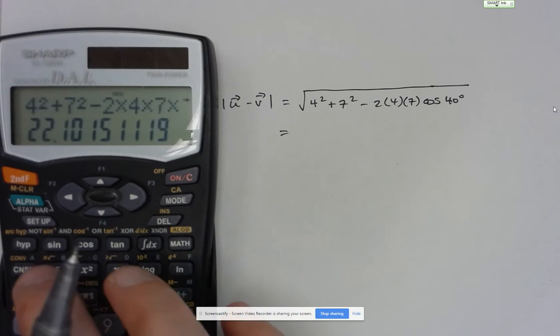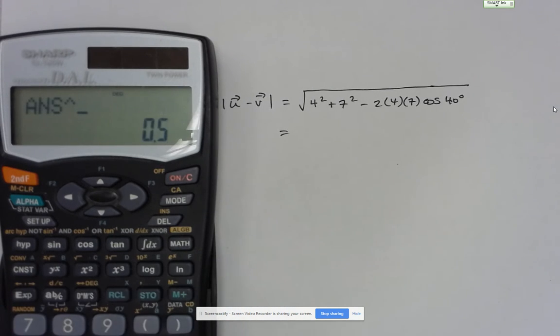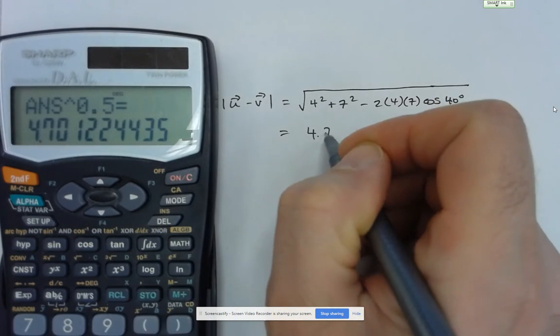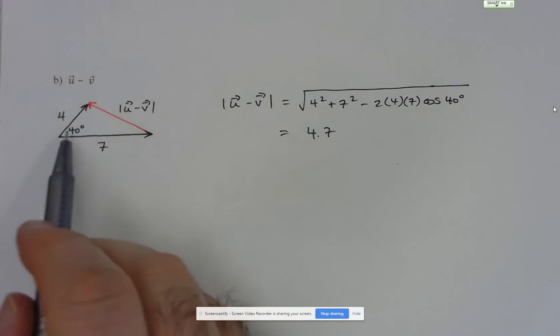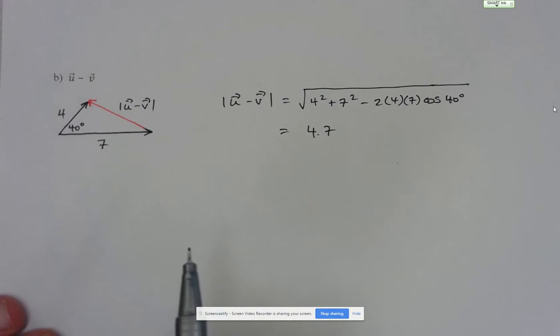Now we'll take the square root by taking the exponent 0.5, and we end up with 4.7. Not surprisingly, based on my diagram, it looks like it should be smaller than what we got before.